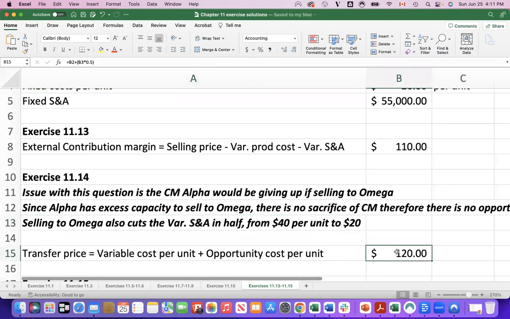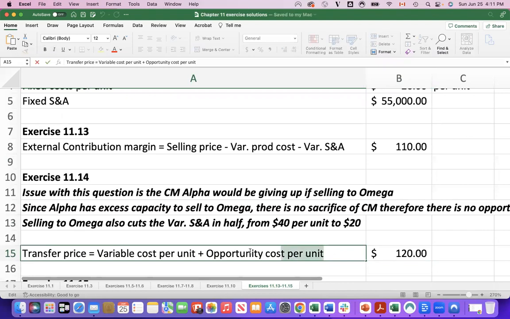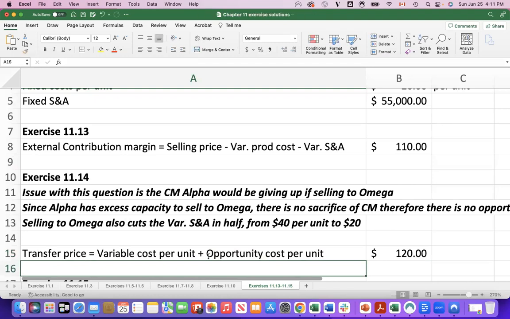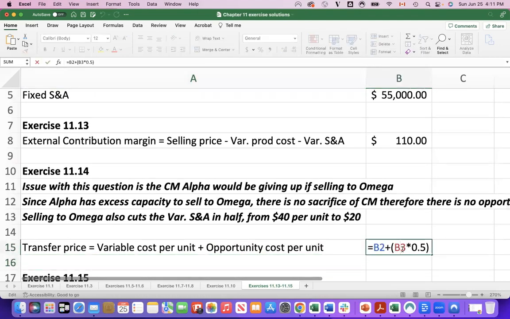But again, in this instance, Alpha is not giving up anything. They are not foregoing something by choosing to sell to Omega. In other words, they're not giving up any contribution margin. So in this example, opportunity cost per unit is actually 0. So in this scenario where there's excess capacity and Alpha is not giving up anything to sell to Omega, the only costs they have to cover are the variable costs per unit. And you see the formula there. So the transfer price that they would charge is $120.